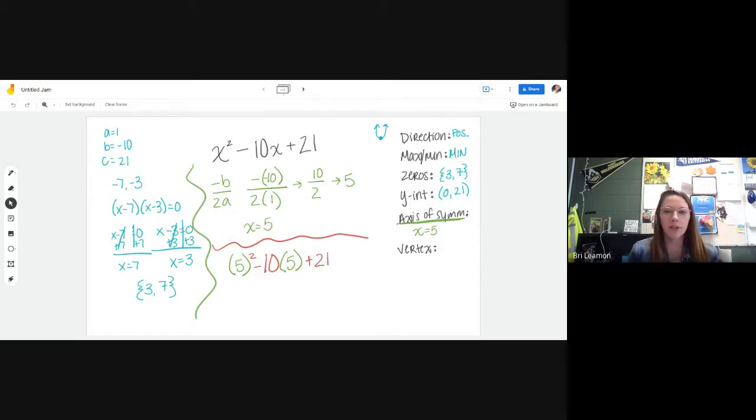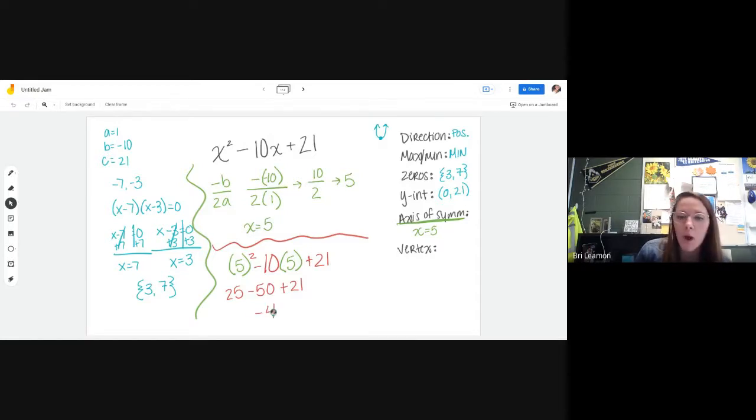Then this you can put in your calculator here. So I'm going to have my 5 squared, which is 25, minus 50, plus 21. And if I put that all together, 25 minus 50 plus 21 gives me negative 4.